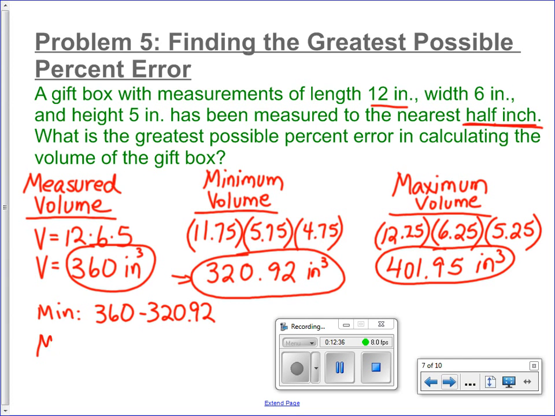If it's the maximum, of course, which is larger, we'll take the 401.95 minus the measured, which was 360. And let's see what we get.